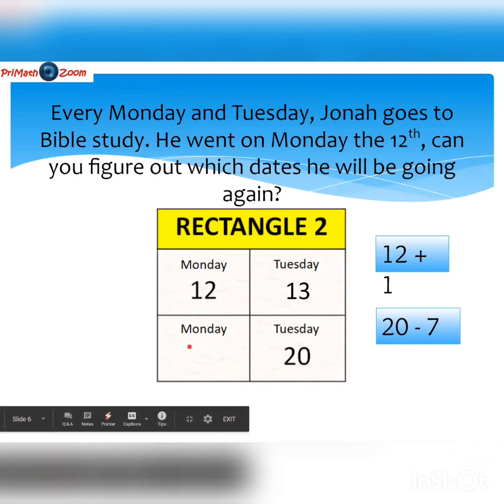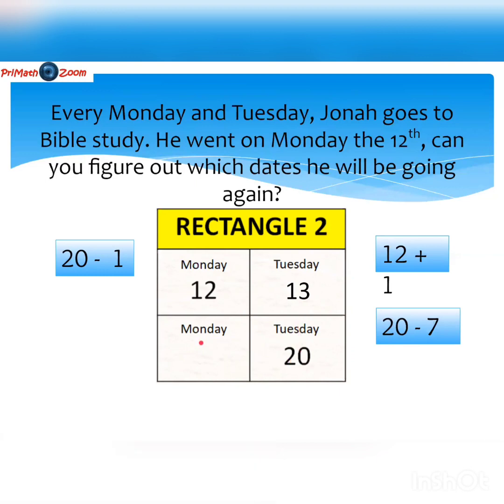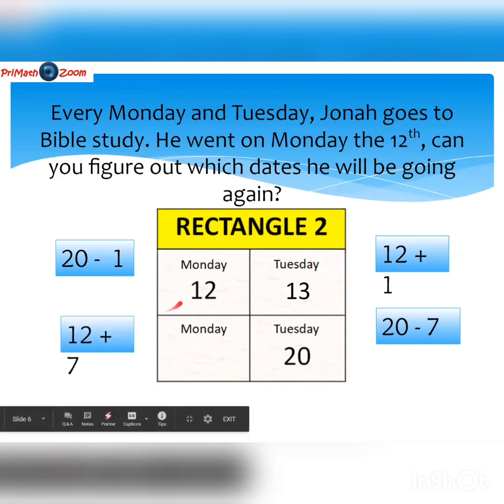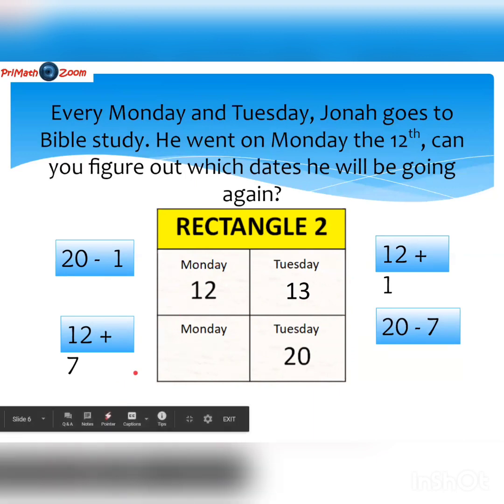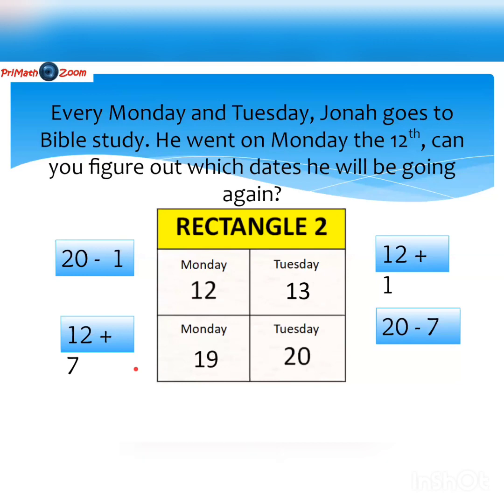Let's see if we can figure out what date this is. Good job. We know that if we subtract 1 day from Tuesday, we'll get the Monday before that Tuesday. And we also know that if we add 1 week, which is 7 days, to last week Monday, we can get this week Monday's date. So when we did all of those calculations, yes, we got 19. Good job.